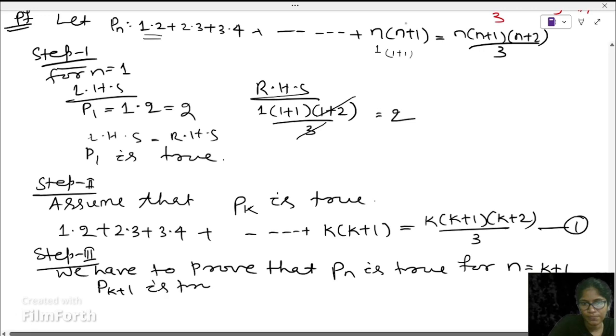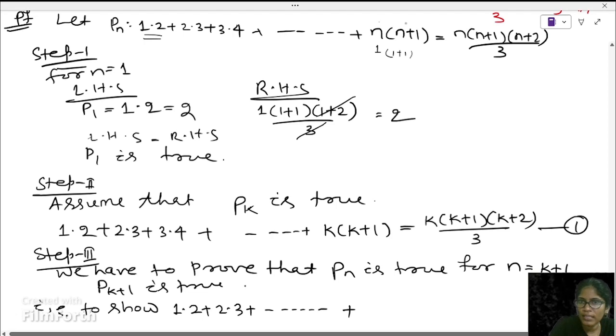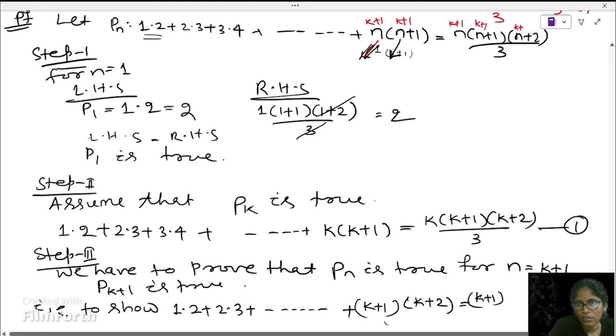That is to show 1 into 2 plus 2 into 3 plus up to, in place of n, we will put k plus 1, k plus 1 into k plus 1 plus 1, which is k plus 2, is equal to k plus 1 into k plus 1 plus 1, which is k plus 2, into k plus 1 plus 2, which is k plus 3.